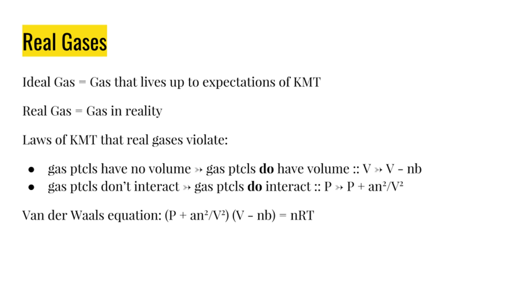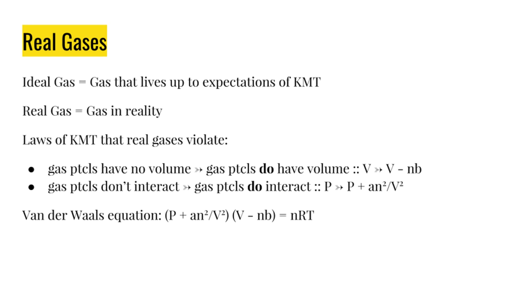Instead of the regular pressure, we use pressure plus a correction taking into account the fact that when they get close to each other, their electron clouds repel. So that pressure is equal to the ideal pressure plus a n squared over V squared. a is the correction factor, n and V are the moles and the volume.